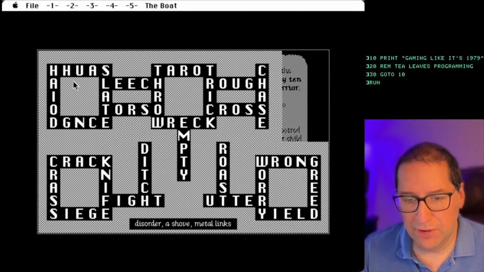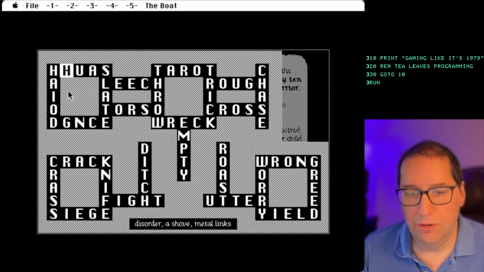Getting down to the end here, I think. Disorder, a shove, and metal links. Disorder feels like it has to be chaos. Right? Metal links would be a chain. I'm going to assume these go in order.